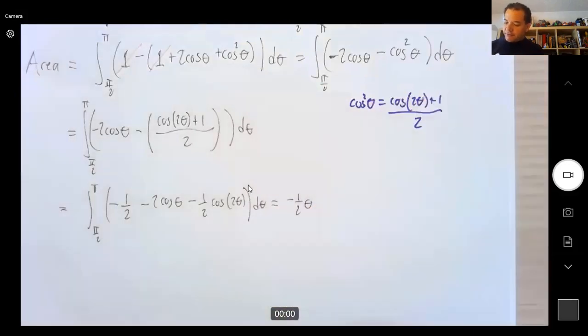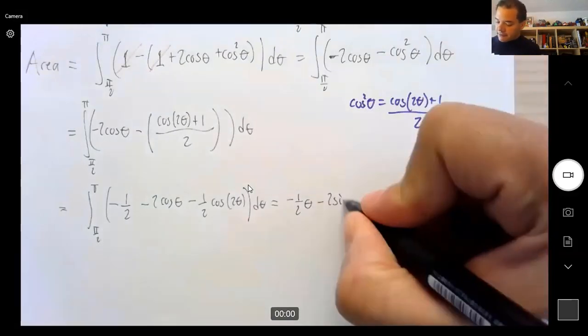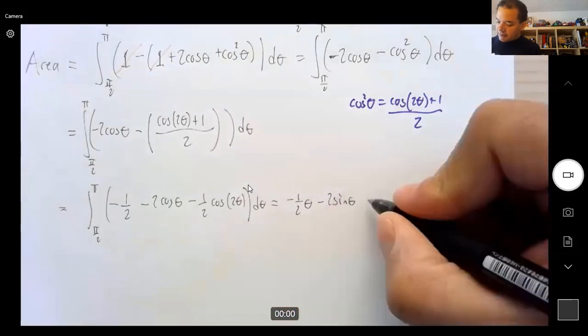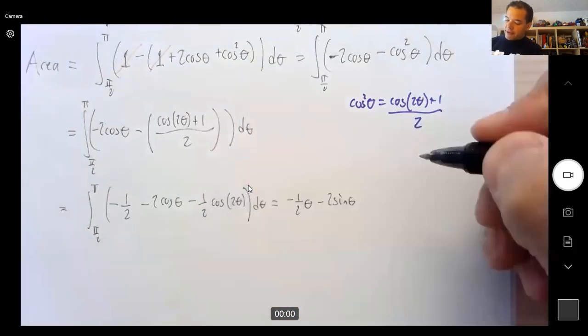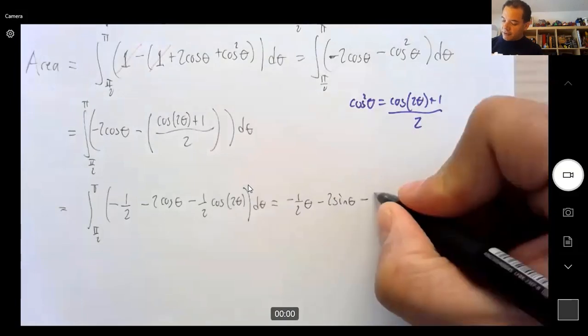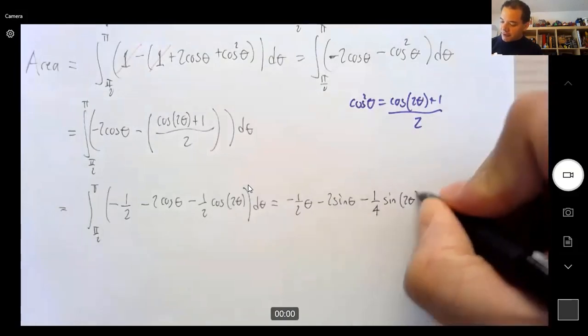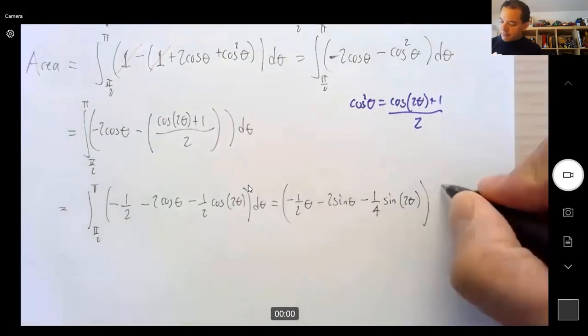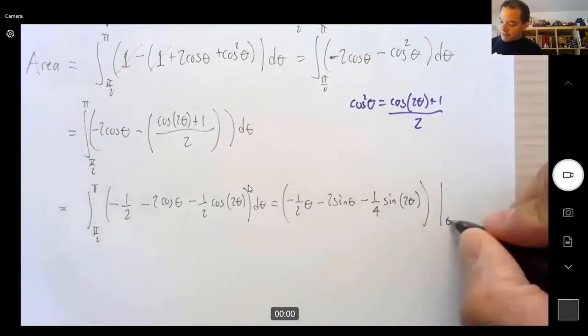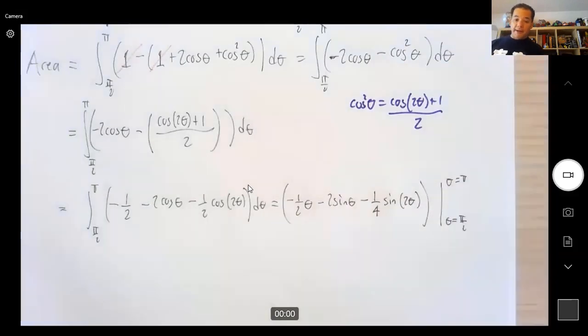Then the integral of cosine theta is sine theta. And then the integral of cosine 2 theta is sine 2 theta over 2. So this is -1/4 sine 2 theta. And we're supposed to evaluate this from pi over 2 to pi.